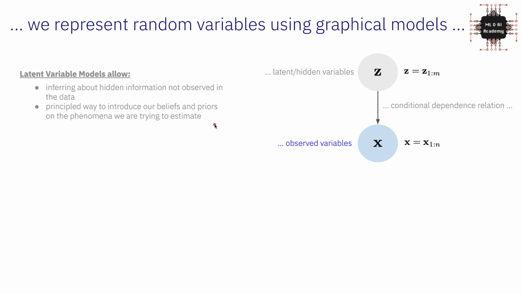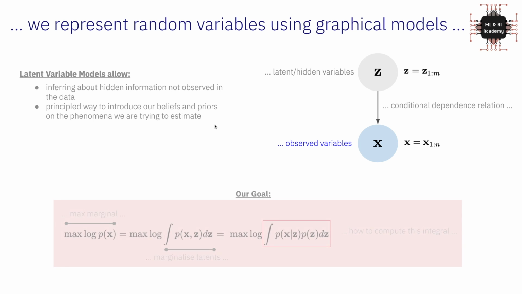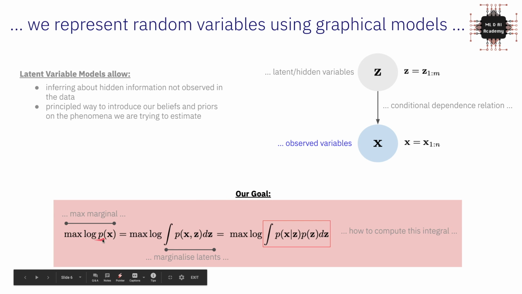Now, as in any other machine learning method, in order to train this model we would need some form of an optimization problem, right? We would need some optimization problem where we want to maximize or minimize something in order to infer all the free things in this model. In a probabilistic model, we want to maximize the log of the marginal, so p of x.